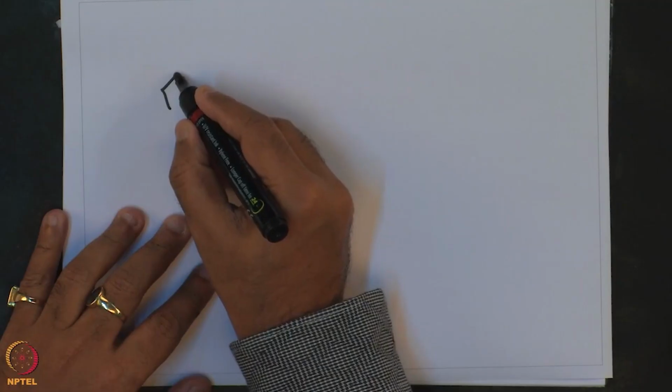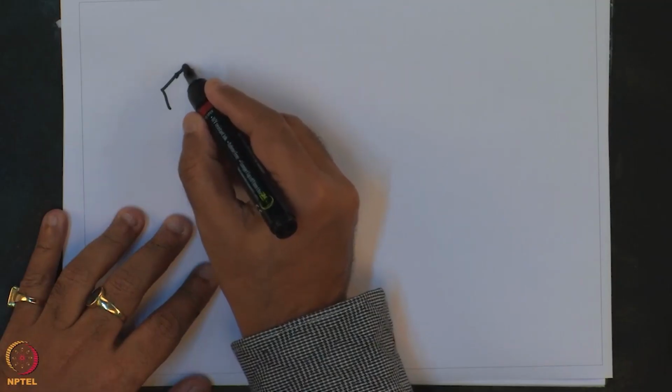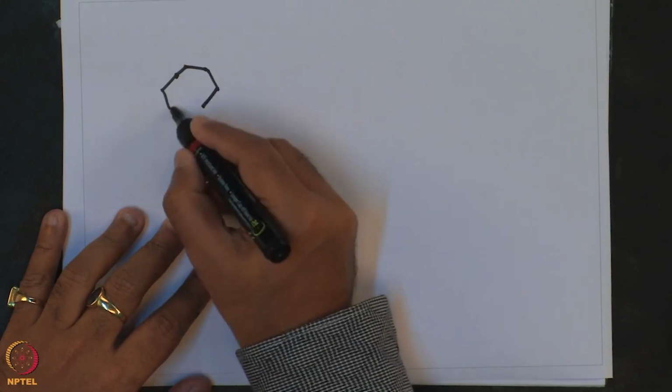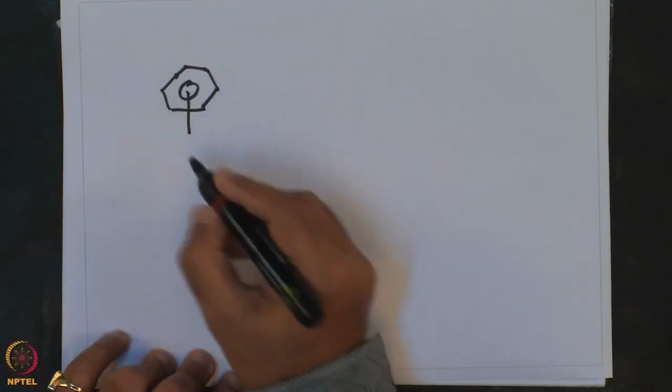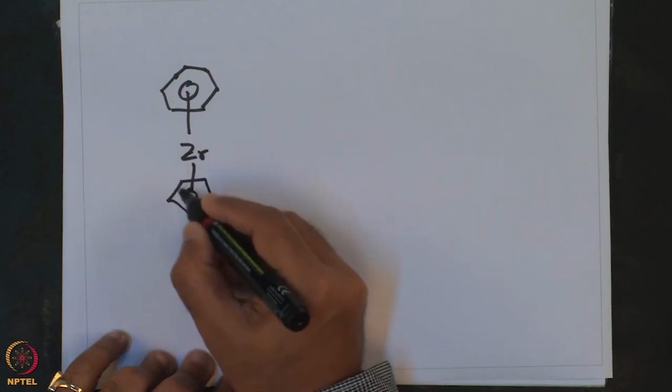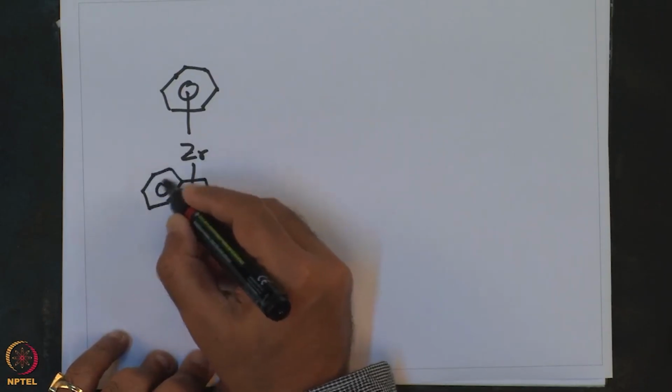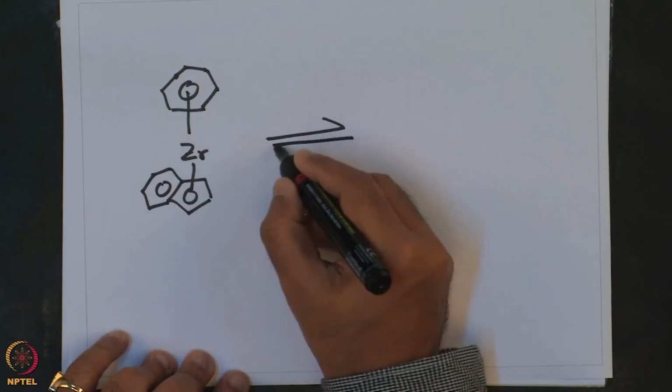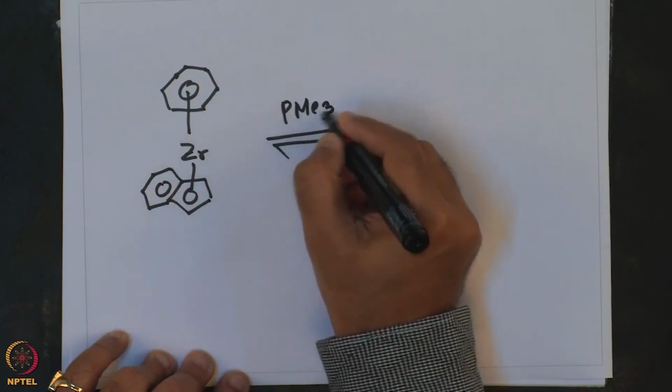So, in this we are going to see another nice example in which a 16 electron compound becomes an 18 electron species by coordination, and this is illustrated in this mixed ligand zirconium compound with PMe3.